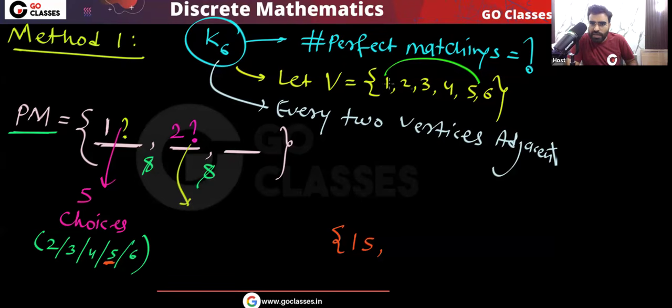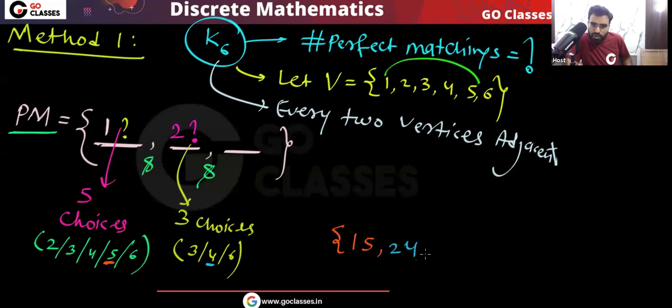You can see, I cannot take 1 comma 5. For this 2 as a partner, there are 3 choices. Yes or no? What are the 3 choices? The 3 choices are either 3 or 4 or 6. Correct?